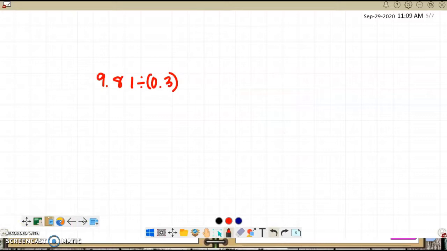9 81/100 divided by 3/10. So I'm dividing by 3/10. It goes outside the house. 9 81/100, going to move my decimal. Monkey see, monkey do. Move that decimal over on the inside and bring it to the top. 3 will go into 9 3 times.